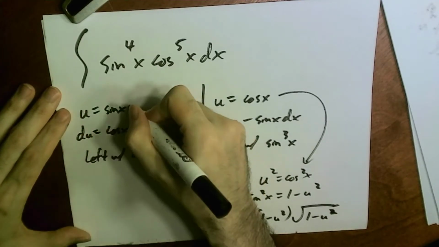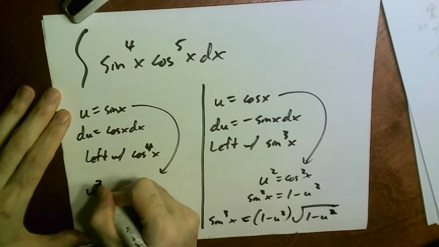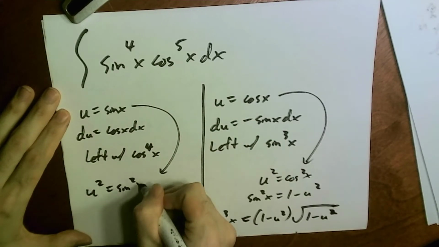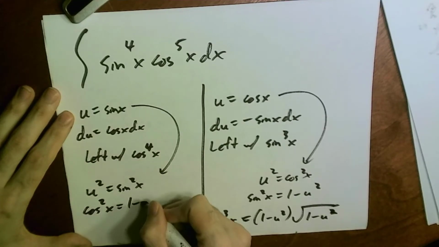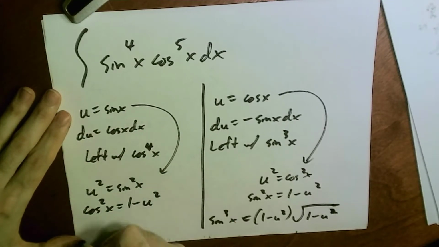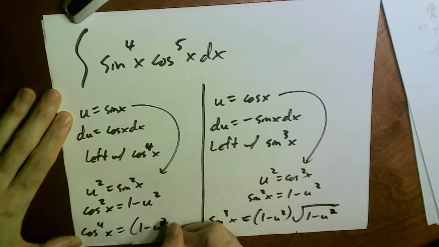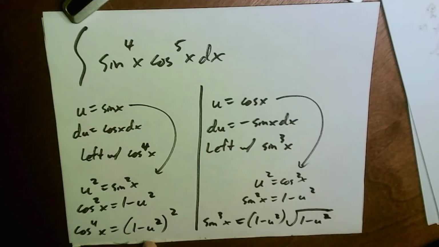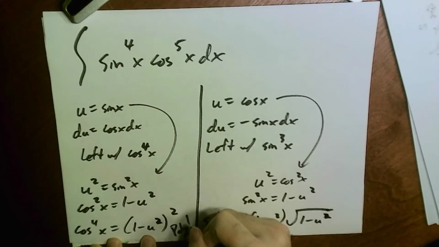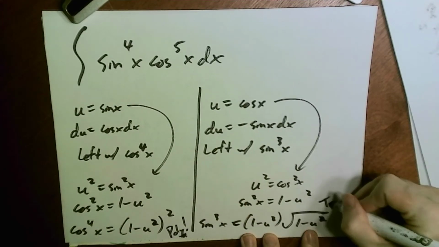On the other side, if u equals sine, then u squared is sine squared, so cosine squared is 1 minus u squared. And that's actually not so bad. I just need 2 copies of that. So yeah, it gets kind of big, but at least it's still a polynomial. This is a polynomial. This is terrible.